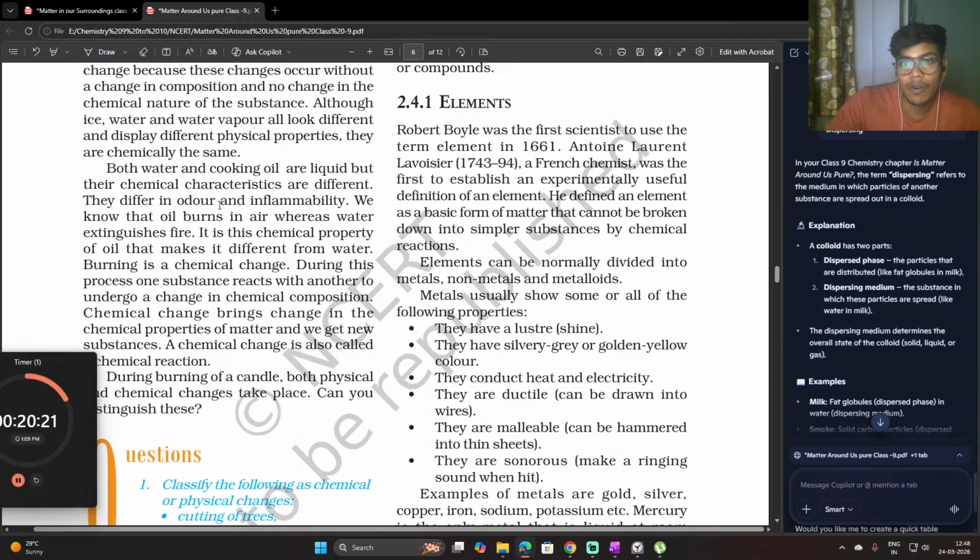They differ in odor and inflammability. We know that oil burns in air, whereas water extinguishes fire. So it is the chemical property of oil that makes it different from water.